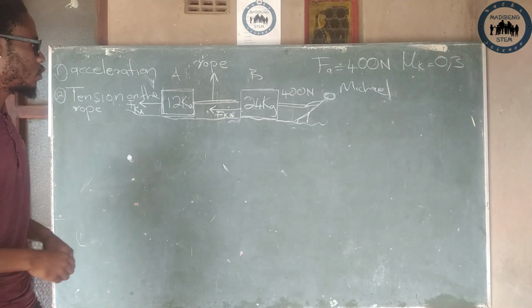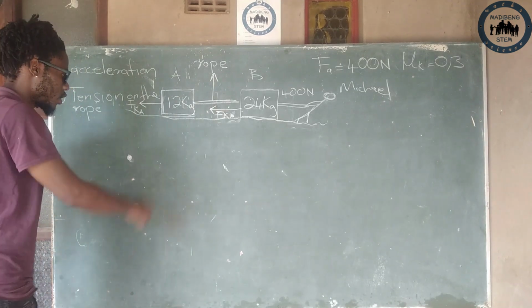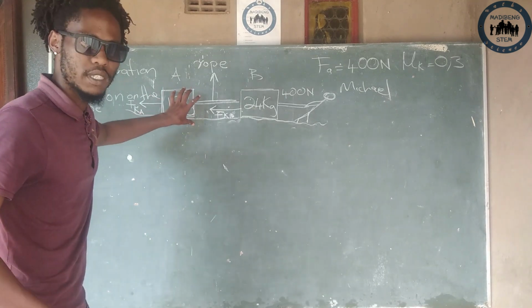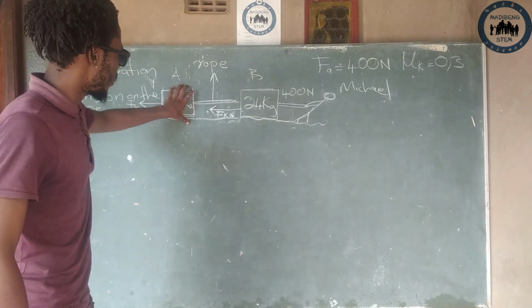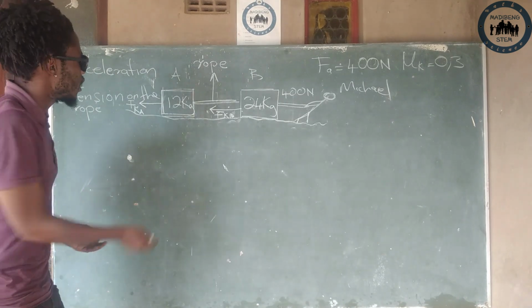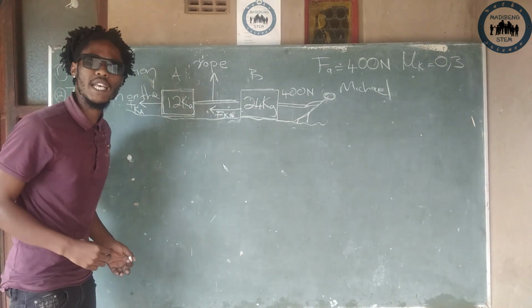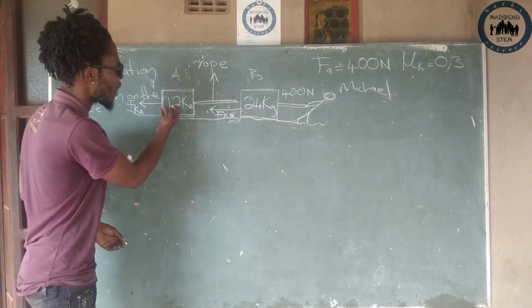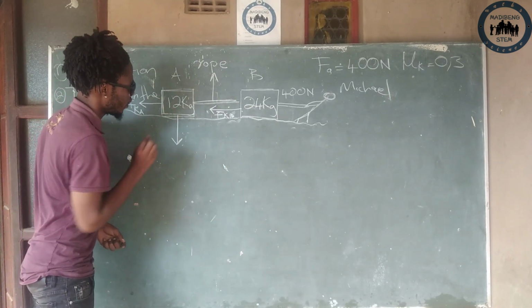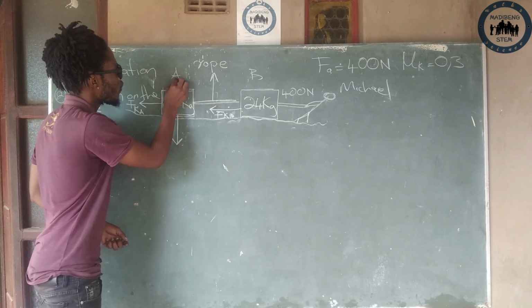So the first thing we have to do is to draw our free body diagram to showcase all the forces that act on this body. We know obviously this object has weight because it has a mass of 12 kg, and there is also normal force.